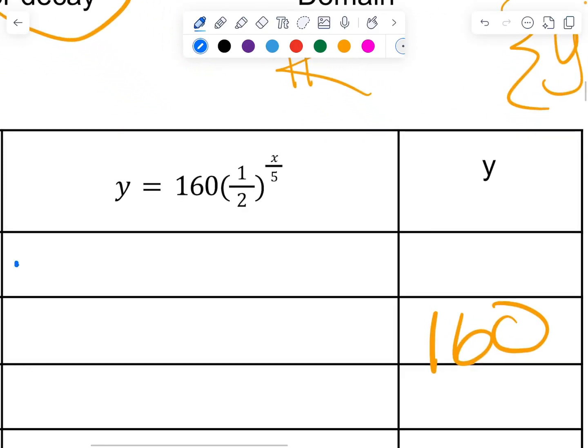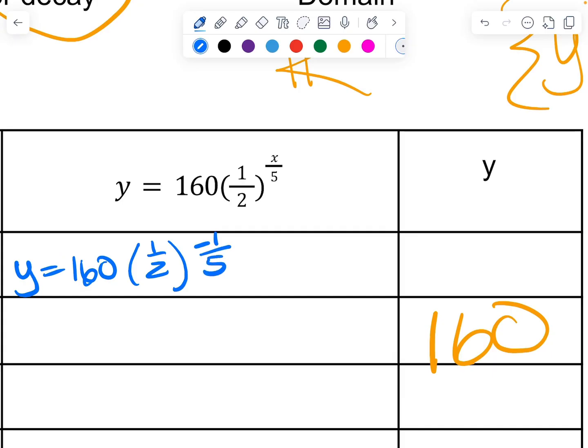So y equals 160, and that's going to be 1/2 to the negative 1 over 5. So I'm going to put that straight into my calculator. So 160 times 0.5 raised to the, in parentheses, negative 0.2, because that's what 1/5 is. And I get 183.79.